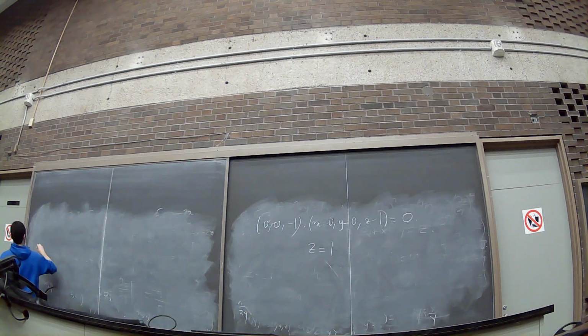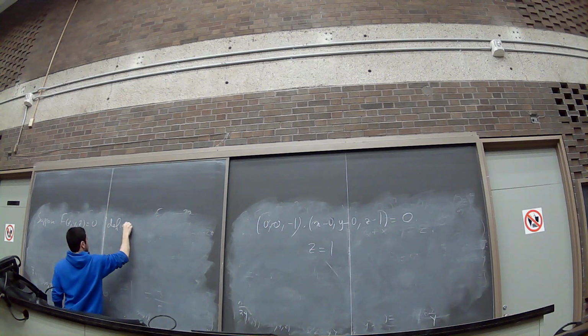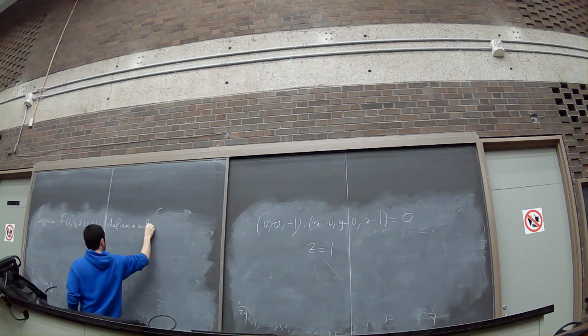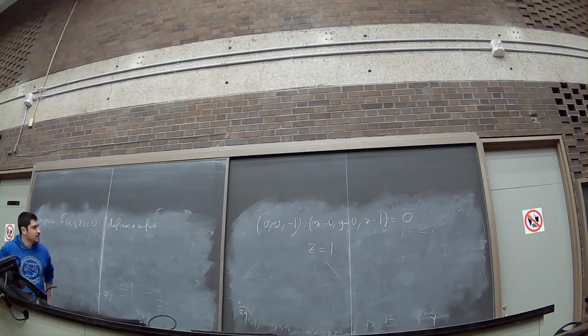Now suppose fxyz is equal to 0 defines a surface. Now I want a point on the surface, x0, y0, z0, and f at x0, y0, z0 is equal to 0.